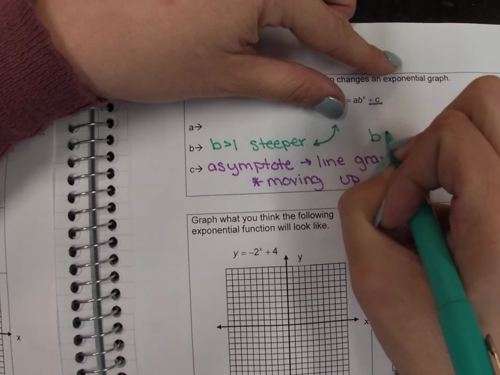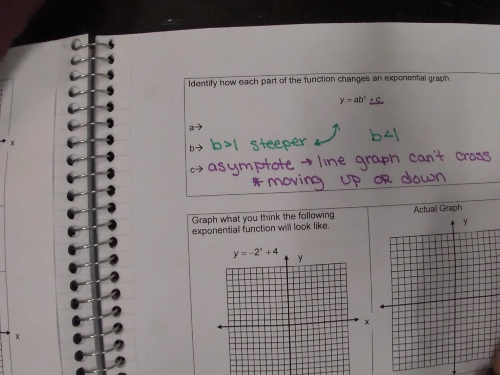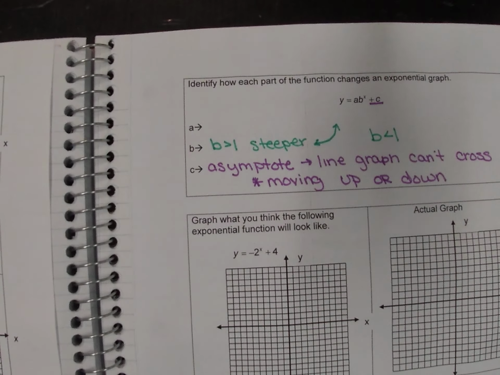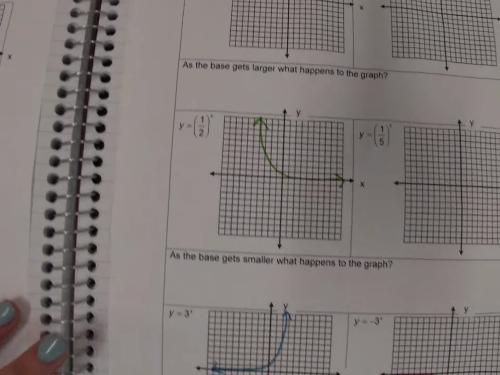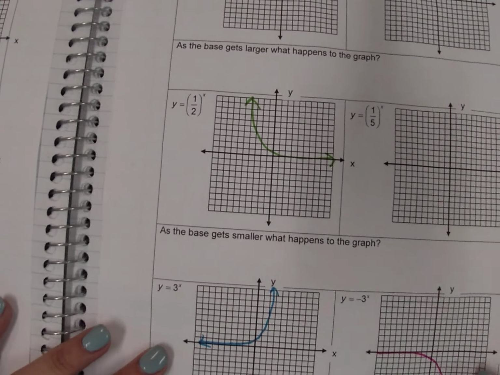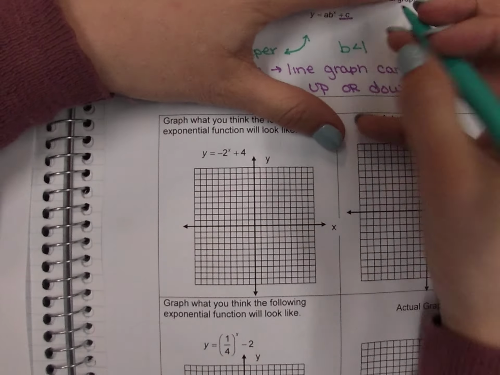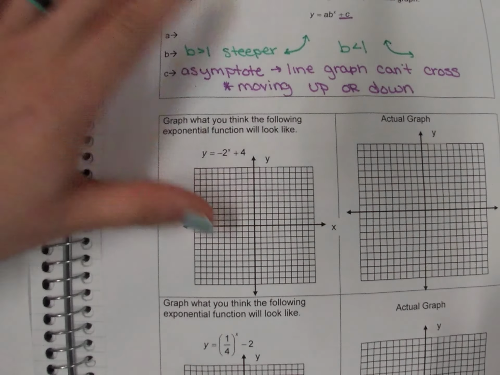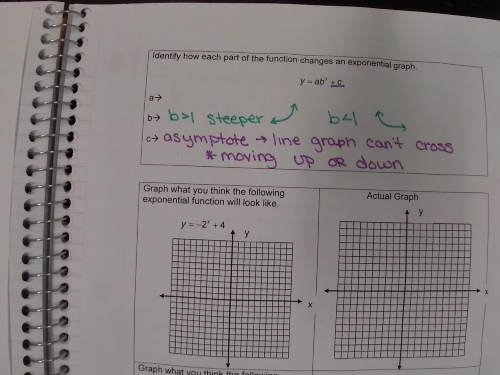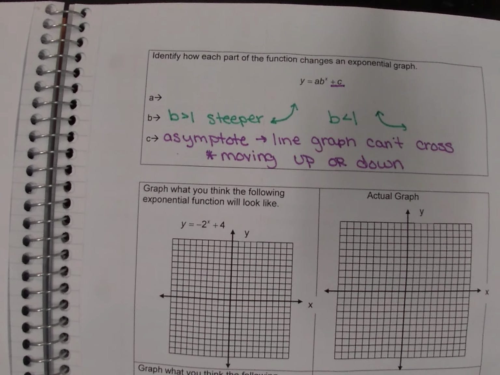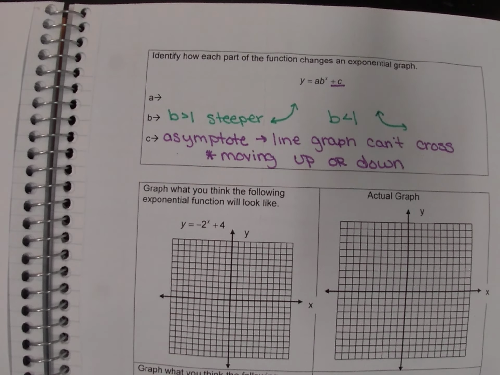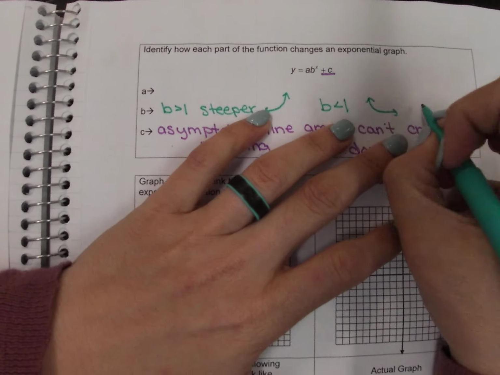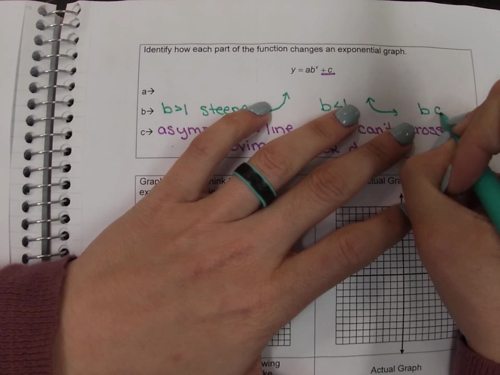If it's less than 1, so 1/2, 1/3, whatever, it can still get steeper, but now it's decreasing, and it's going this direction. Now, we didn't really look at one like this, but we could talk about B being negative. If B is negative, we end up not getting a graph. In the classroom, we took a look at what a negative B value does, but B can't be negative.